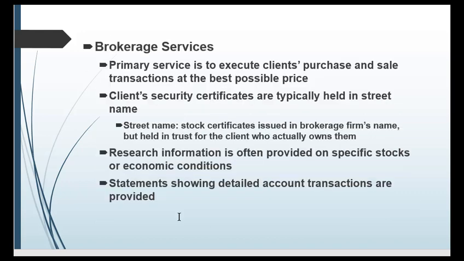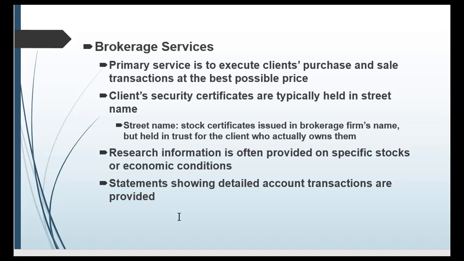So what kind of services can you get? The primary service, obviously, is to execute trades. Maybe we also want them to keep certificates, right? The certificates of the stocks that represent your ownership, typically you don't receive those. Typically they are kept at your brokerage house's vault for safety, if you will.